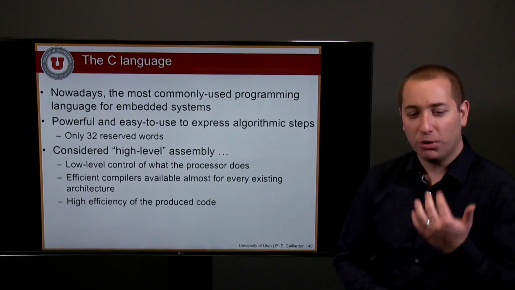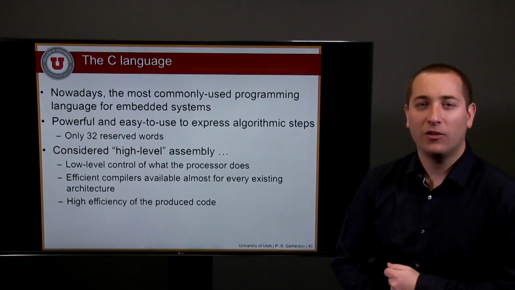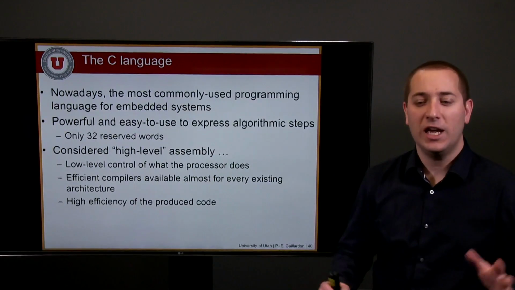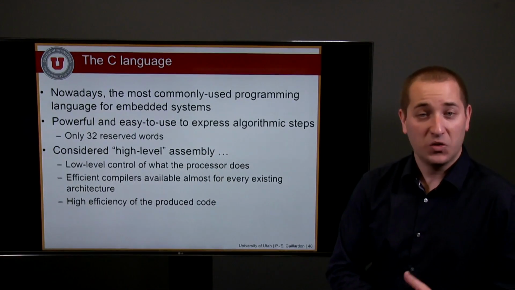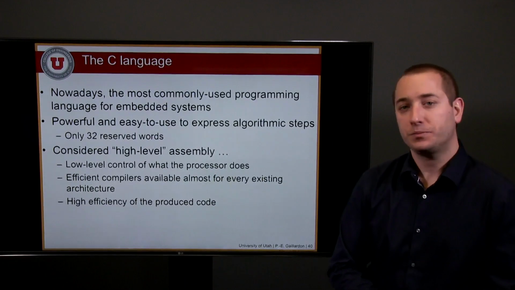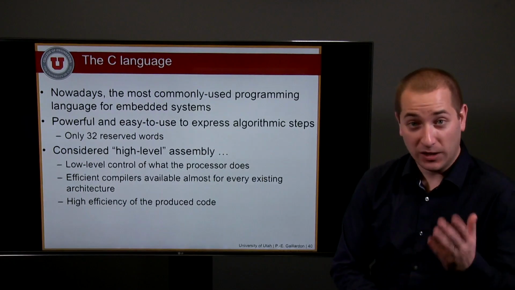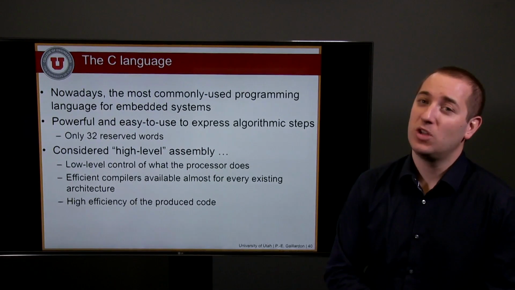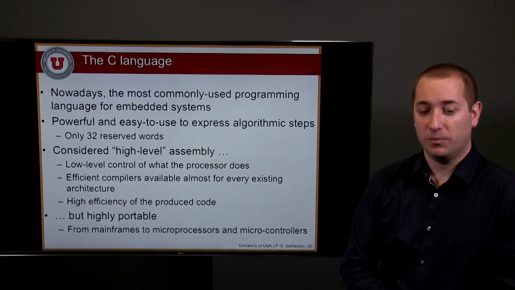It does provide you with low-level control of what the processor does. It piggybacks on very efficient compilers that are available for almost any architecture, be it GCC, Clang, and so on and so forth. And it provides a very high efficiency of produced code. In addition to that, the -O3 optimization in GCC provides you something that you will probably never be able to achieve with manual optimization.